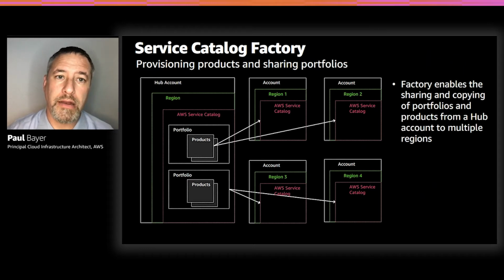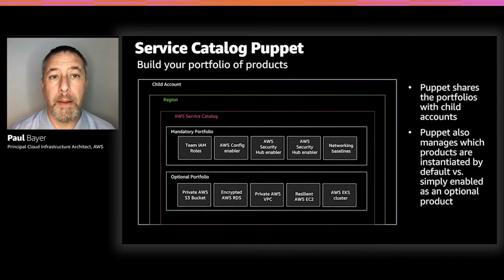So we would create a product within Service Catalog, and using Service Catalog Factory, we would copy this product and portfolio from a hub account to multiple regions within that same account. And then next, we would use Service Catalog Puppet to instantiate, to create those products and portfolios in multiple accounts within those regions.